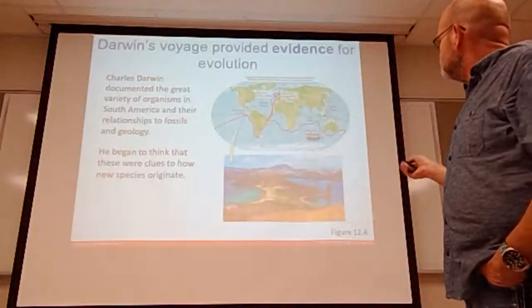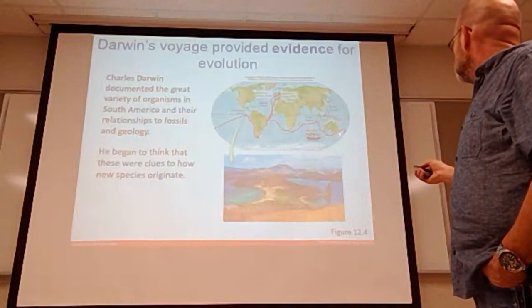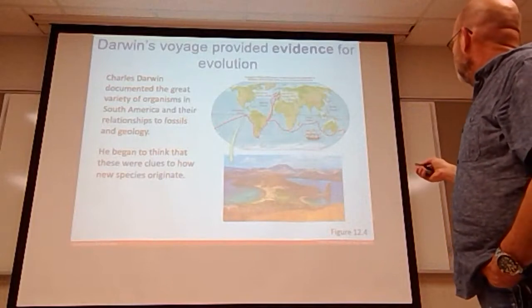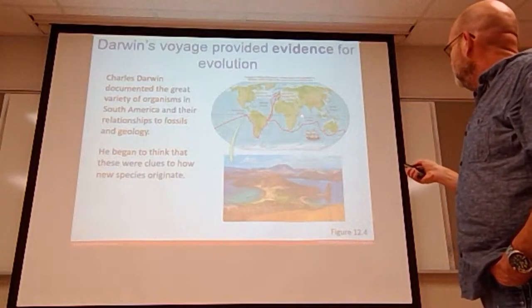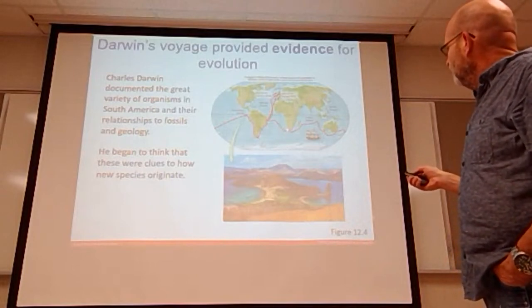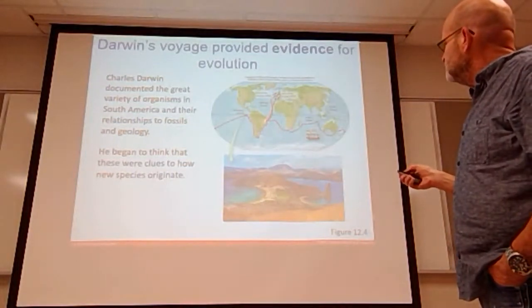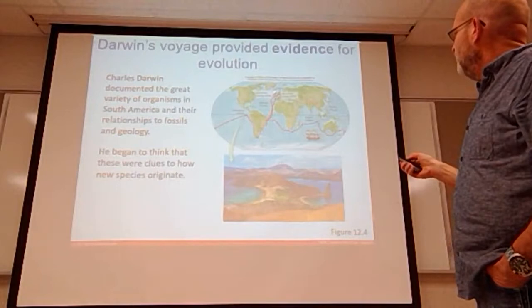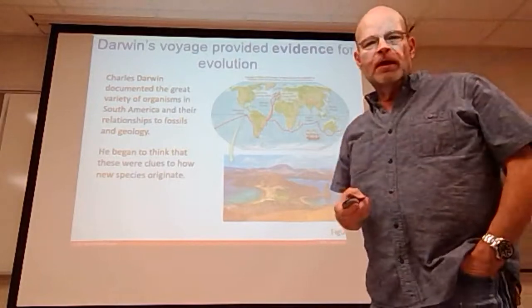Then they shot out across the Pacific, bounced around, I believe that's New Zealand right there. Then he hopped over to Australia in a couple of points, went up into the Indian Ocean, came down, took a stop by Madagascar, the southern tip of Africa, came back over to, that's Brazil, I believe, and then went back to London in 1836. This was a 5-year voyage.